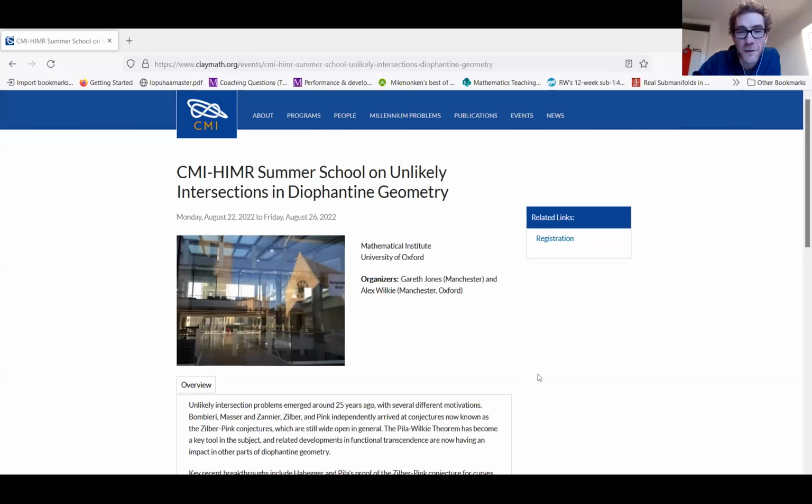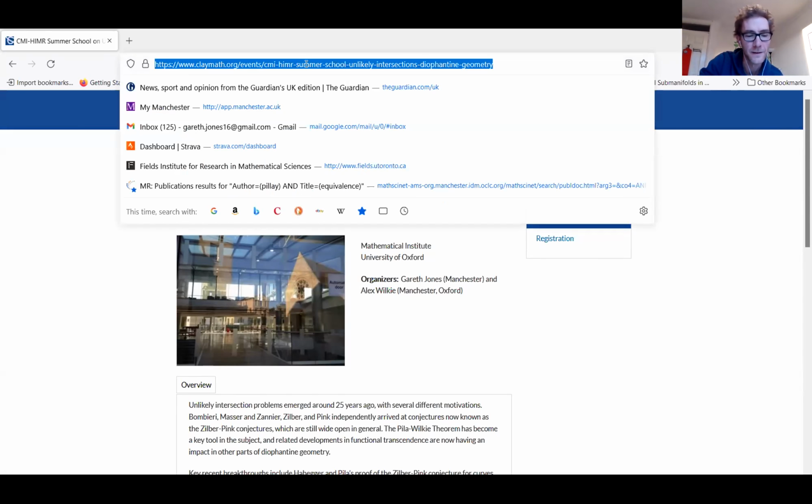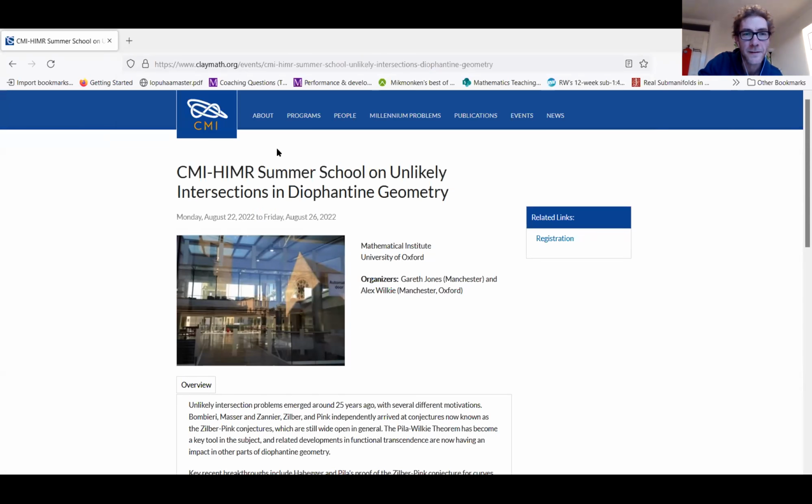If you want to learn more about applications of o-minimality in number theory, there's a summer school this August in Oxford, which hopefully will be in person, though that seems difficult to predict. If you're interested, just email me to find out more.